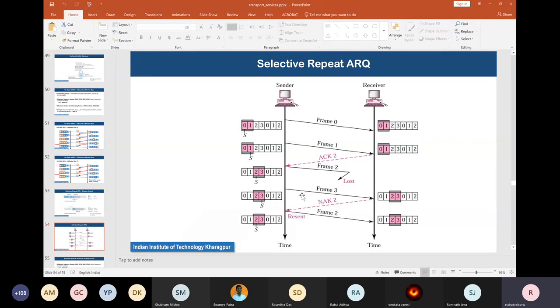Many different situations are given: what will happen if a timeout happens, what will happen if an acknowledgement is lost, what will happen if a packet is lost but it has been received earlier at the receiver, and what will happen if a packet is lost but it has not been received earlier at the receiver. All these cases are covered with nice diagrams.